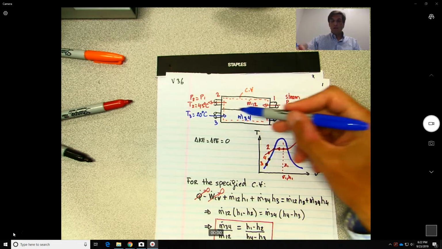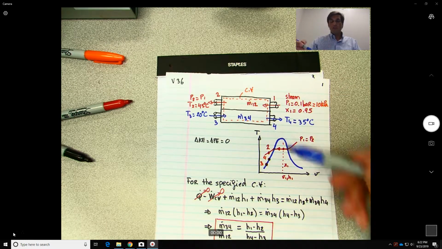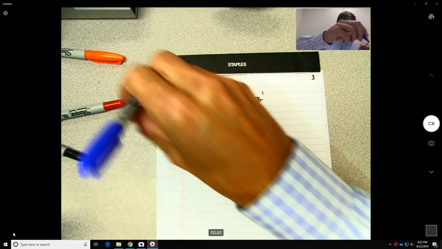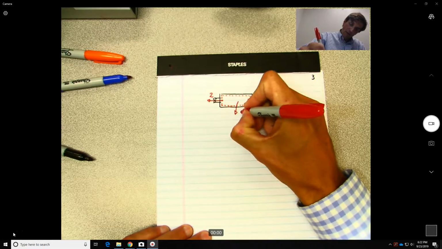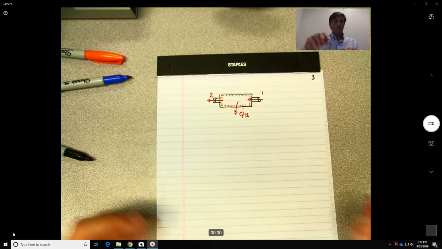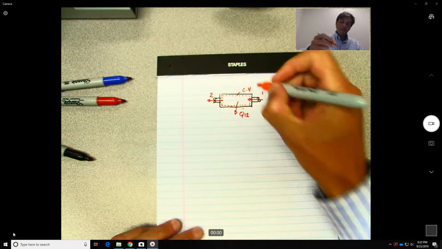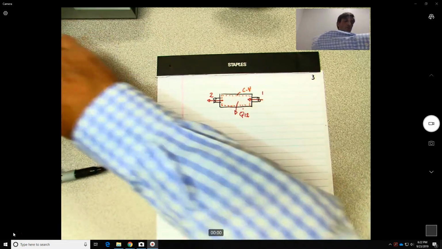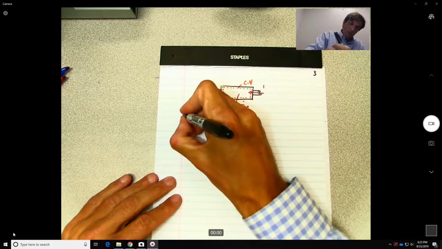We know the heat is going to go from the hot fluid to the cooling fluid, which is the water. So some heat transfer is going to go out to the other fluid, which is over here. So basically it's the same process as before. You do the figure.